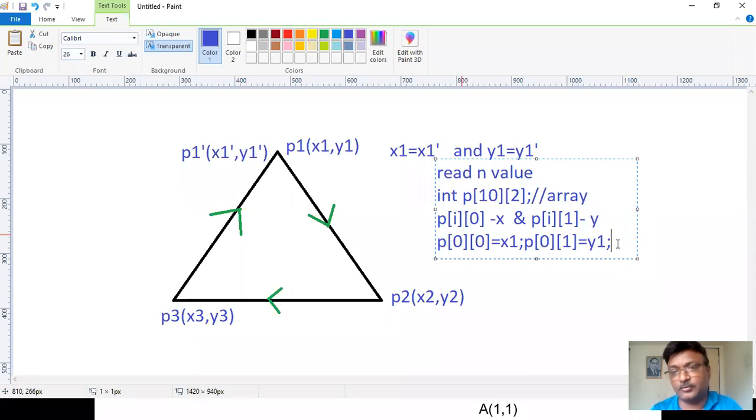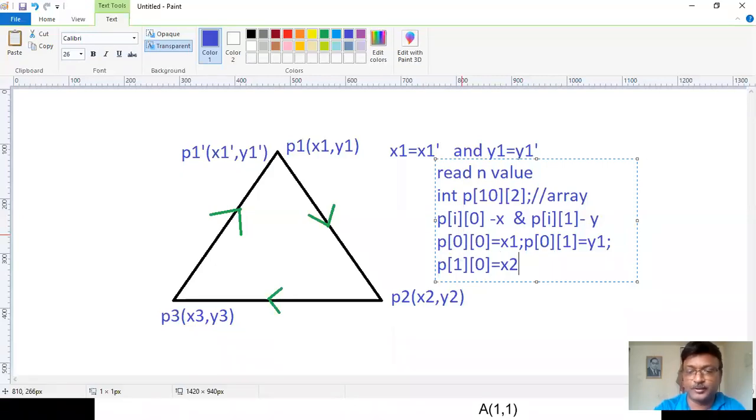So here your values start from x1 y1, then what is the value of x2 y2? P of 1 0 is equal to x2. Again p of 1 1 contains which value? y2.